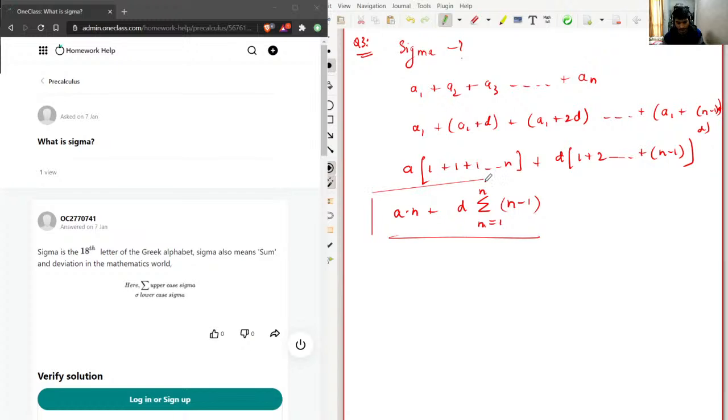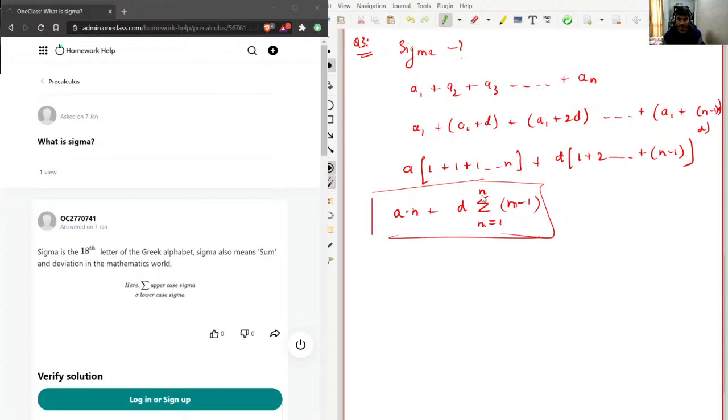So basically this sigma sign or summation sign represents the sum of a series of numbers, and in the bottom we write the lower limit, and on the upper side we write the upper limit of the numbers. So basically this m will operate from 1, so 1 minus 1 is 0, then 2, 3, 4, continuing till n minus 1.